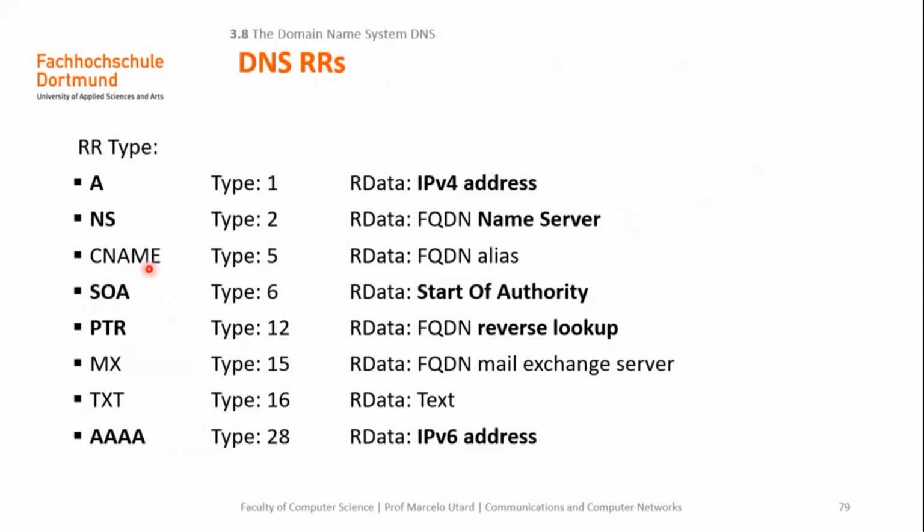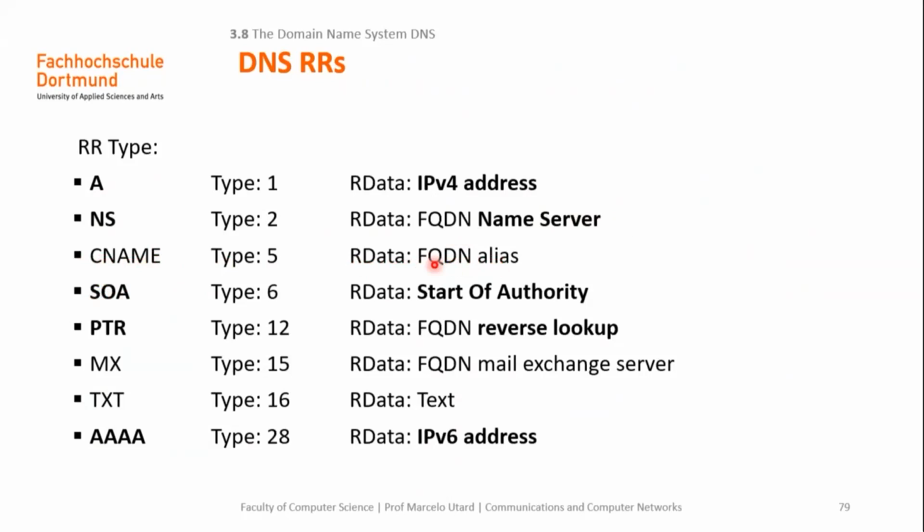There are other types of RRs. For instance, the canonical name, the CNAME. In fact, the CNAME contains in the record data what we call the FQDN alias associated with the FQDN of the record.